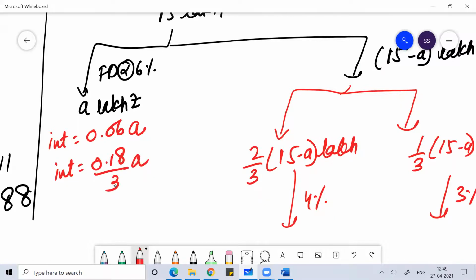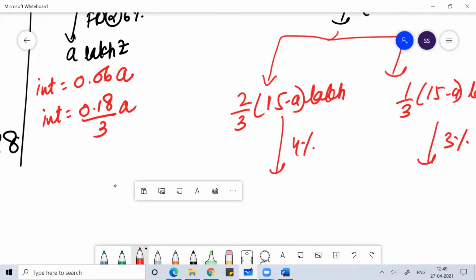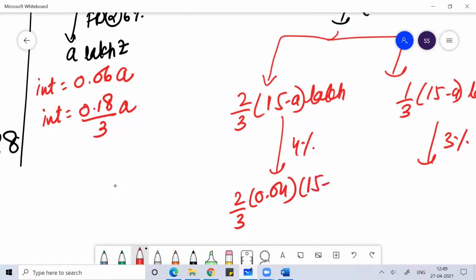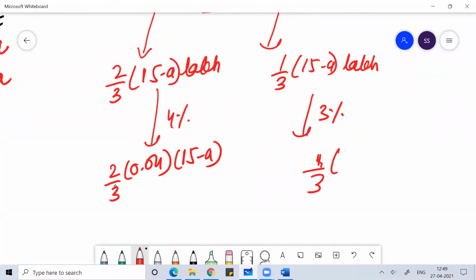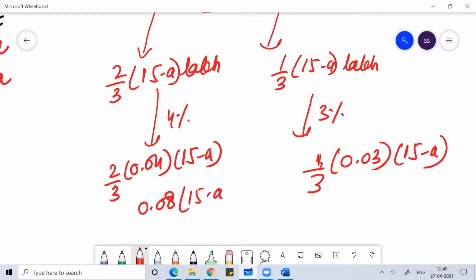Then 2 by 3 of 4% into 15 minus A, that is 0.08 into 15 minus A by 3, and 1 by 3 of 3%, that is 0.03 into 15 minus A by 3.